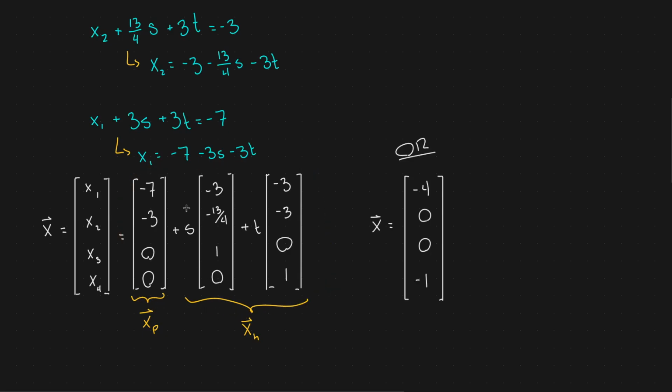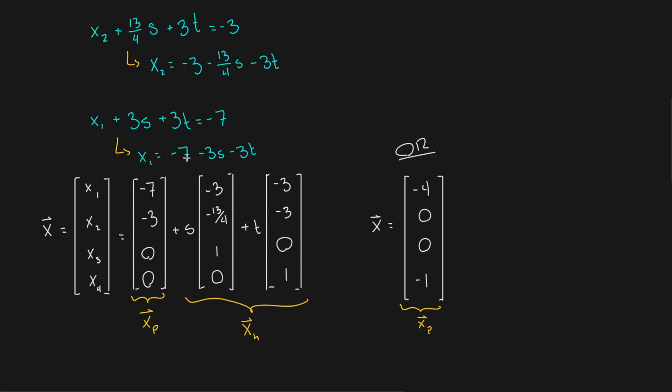In particular, I chose s equals 0, I chose t equals -1. Okay, so -7 minus -3 is -4. -3 minus -3 is 0. 0 minus 0 is 0. And 0 minus 1 is -1. Okay, so just a different solution to this system. Any particular solution will work.